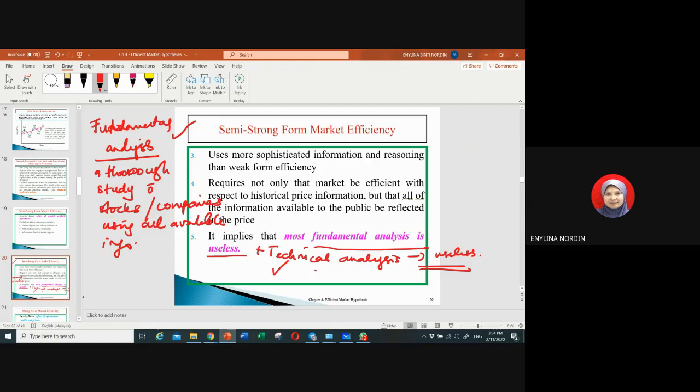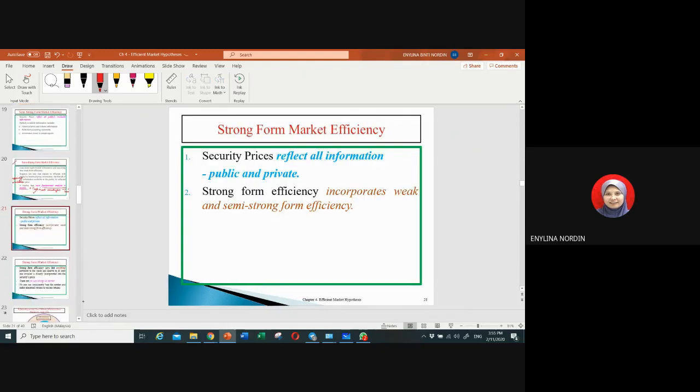So there is nothing special about this analysis anymore to the investors, and it cannot be used by the investors to beat the market, or in other words, to make extraordinary profit. Next, we go to the strong form efficiency.